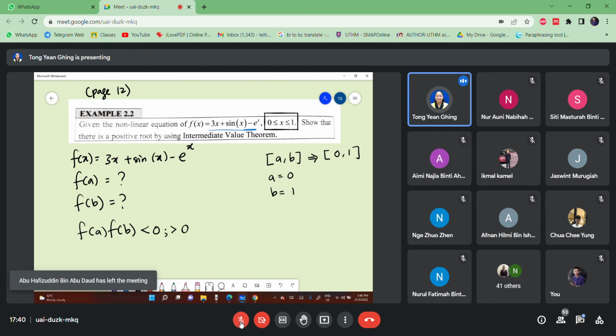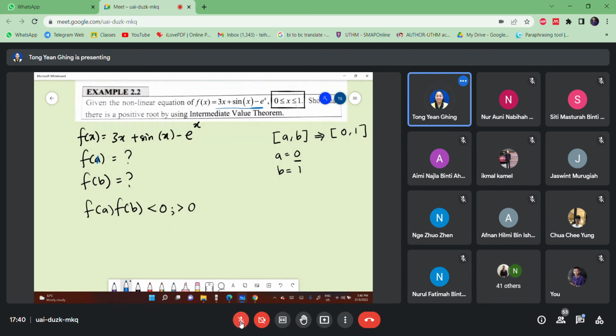Okay. So the first one, A. Just now I mentioned already, A is 0. So now I substitute A with 0. Can you understand? So now, this one is F0.